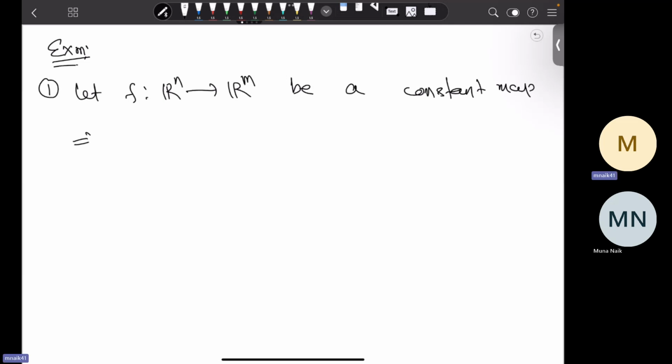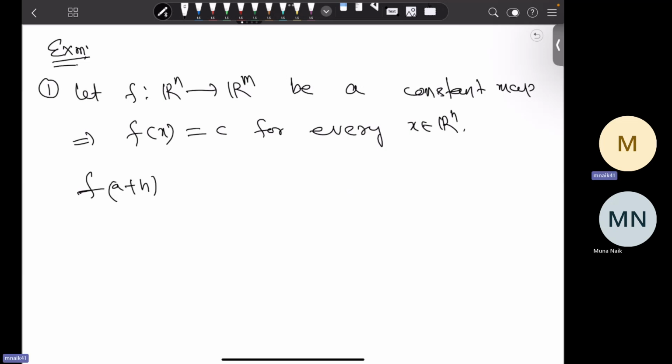That is, f(x) is equal to c for every x belonging to R^n. Then f of a plus h is always f of a plus 0 plus 0 into h plus 0.